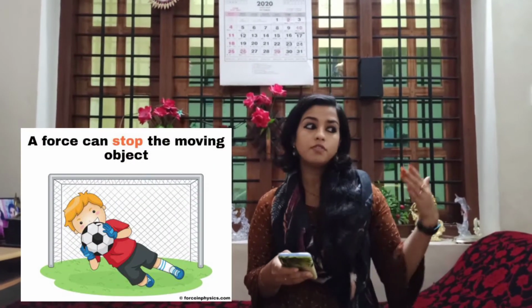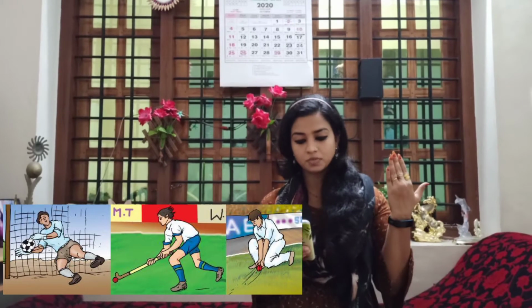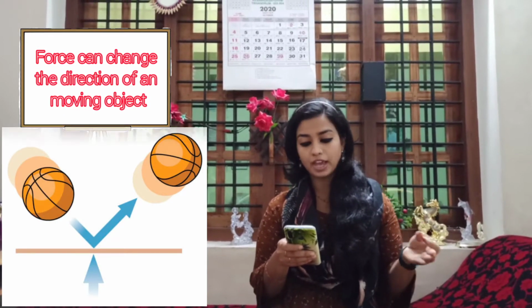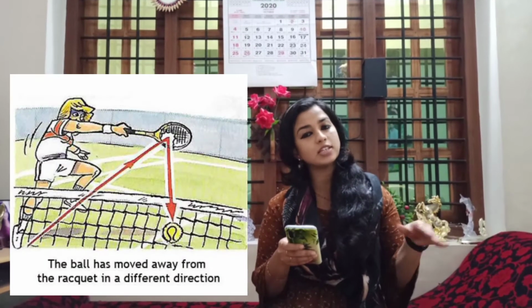Means whichever object is moving and coming, you can stop that moving object. Suppose when a ball is moving, you can stop it by applying a force. Now the third point is force can change the direction of a moving object. It can change the direction of any moving object.